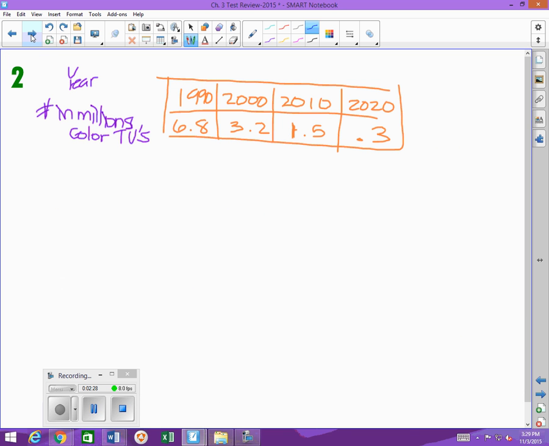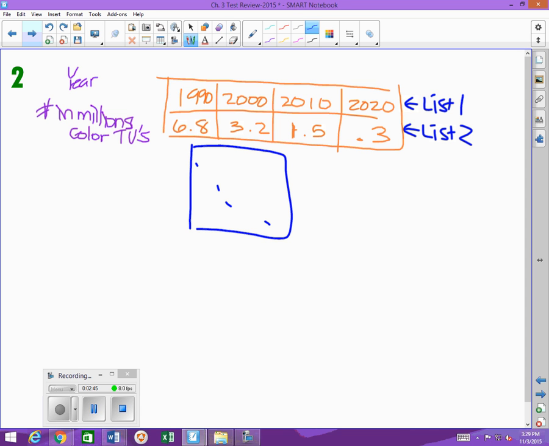Then with this one, trying to calculate the line of best fit, put these into list 1 in your calculator, those into list 2. Graph it, and you would see on your viewing window dots going like that, I do believe. Remember, with a TI, you have to zoom to stat.